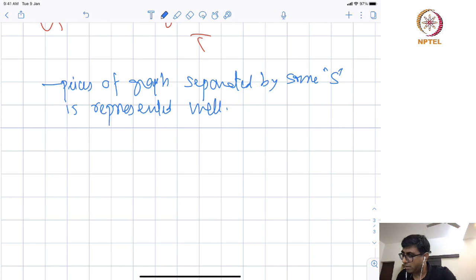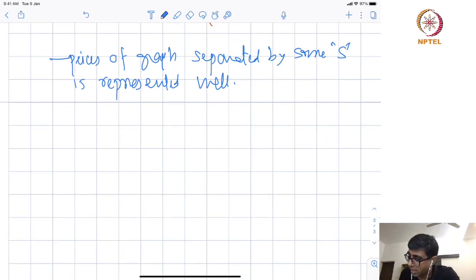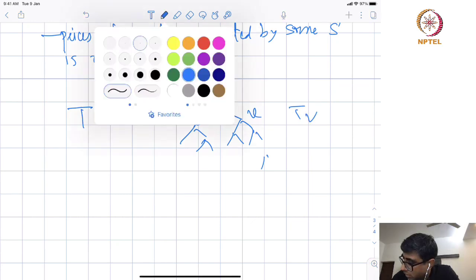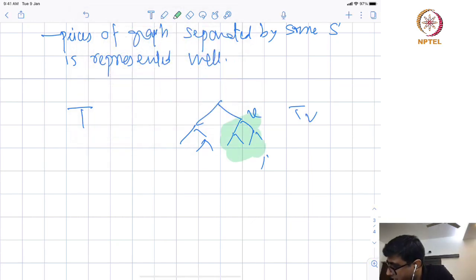In some sense, what are we going to do? If you recall for the tree, we automatically had an association: look at v, what was T_v? T_v was the subtree rooted at v.